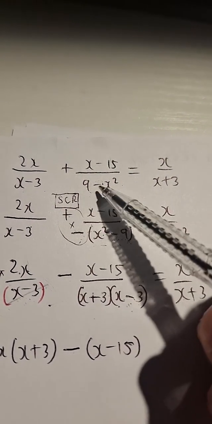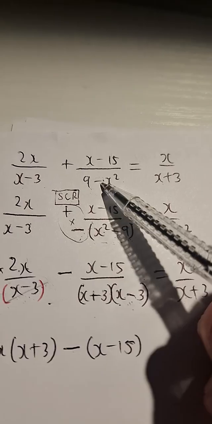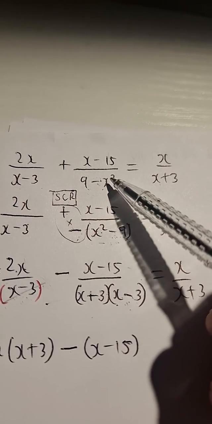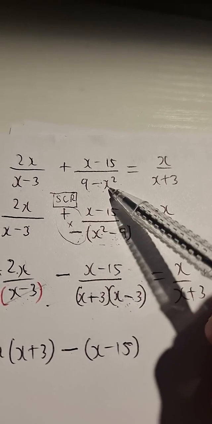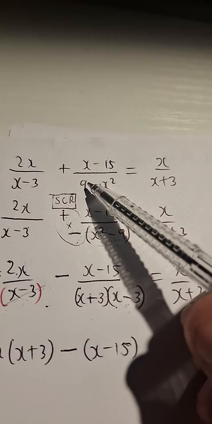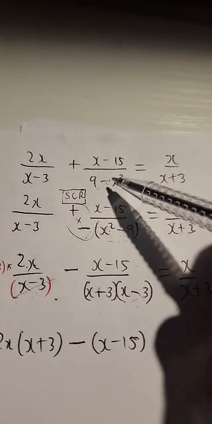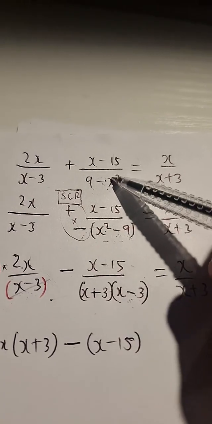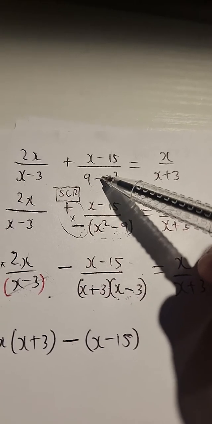Because in between these two terms there's a minus sign. If there's a minus sign in between the two terms, and I can see my term that is supposed to be first is last, and the one that is supposed to be last is first. You know, it's like in the Bible, the first shall be last and the last shall be first. So the term that's supposed to be first is actually last.